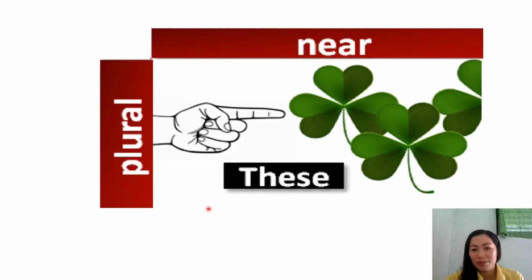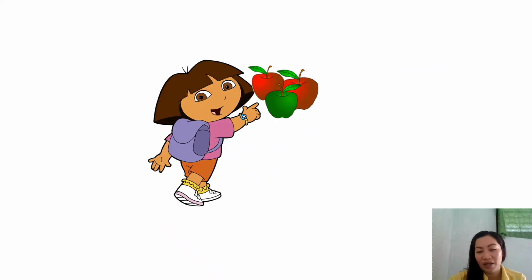Now the last one we have is these. These means it's plural and it's near to you. You can touch it, you can hold it, right? So, for example, how many apples are there? There are 3. And it's near to you.